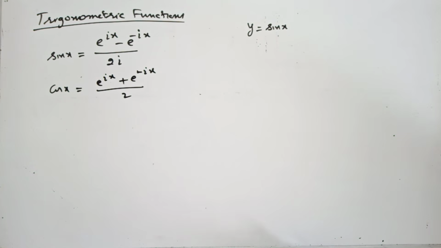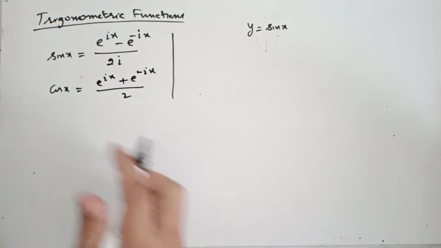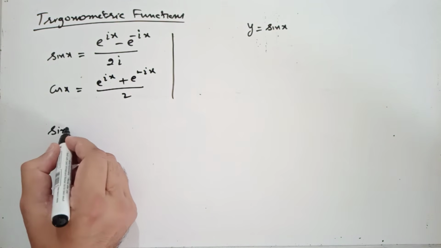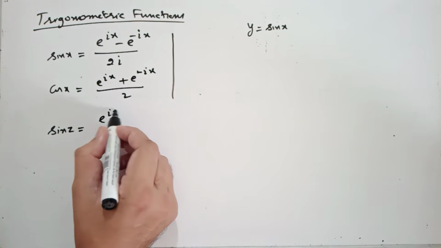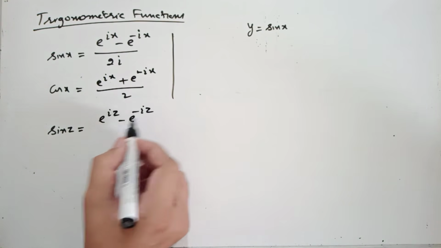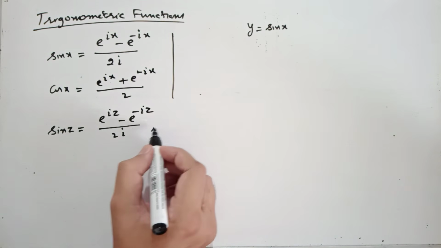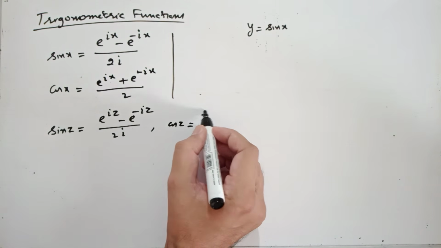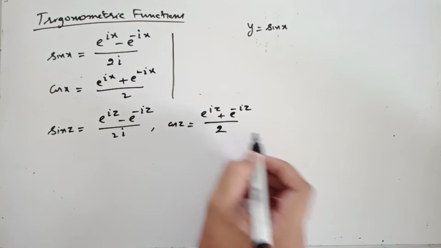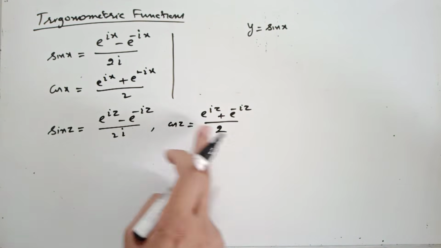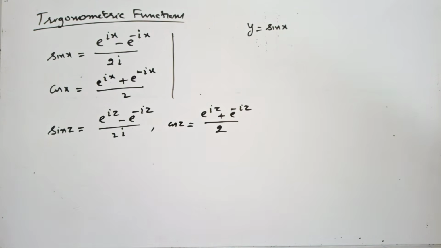Because the complex system extends the system of reals, in analogy to these two, complex trigonometric functions are defined like this: sin z equal to e power iota z minus e power minus iota z divided by 2 iota, and cos z is e power iota z plus e power minus iota z divided by 2. So when you put y equal to 0, these reduce to the real definitions, isn't it?